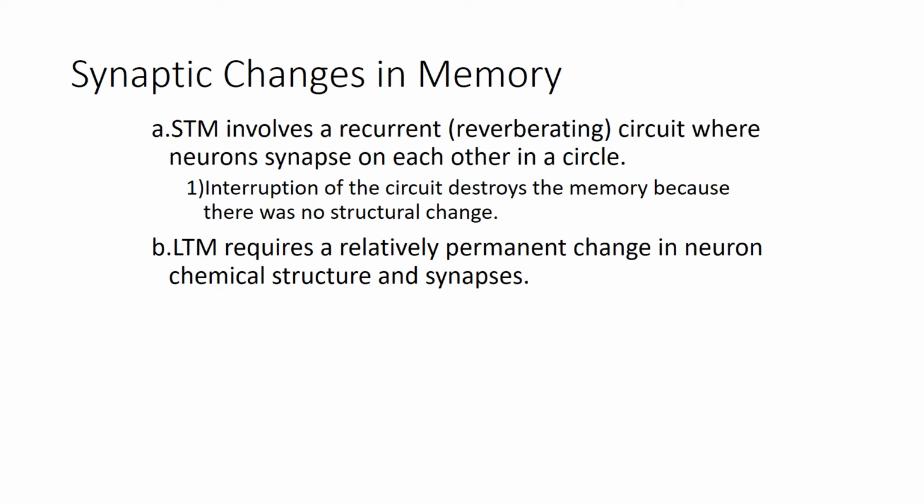Usually this depends on glutamate as the excitatory neurotransmitter, where how strong the memory is will depend on the amount of neurotransmitter being released, and also how many receptors are going to be inserted on that postsynaptic cell. That would make the synapse very sensitive once we're exposed to that memory again, or if we're trying to retrieve that memory.